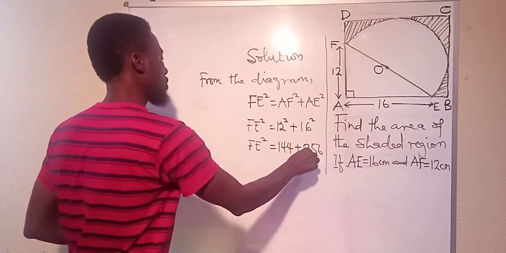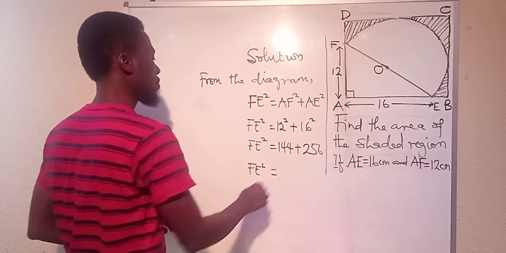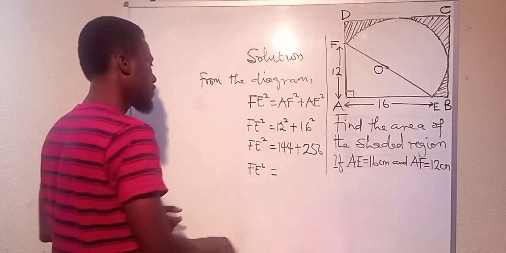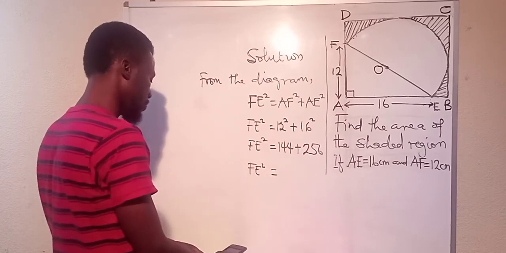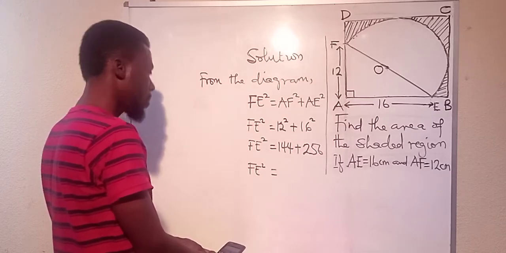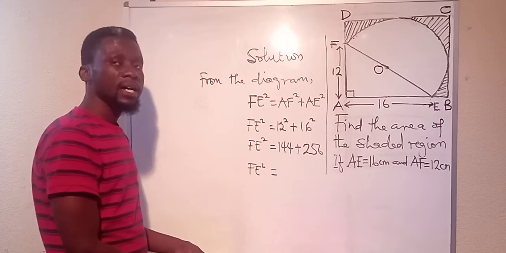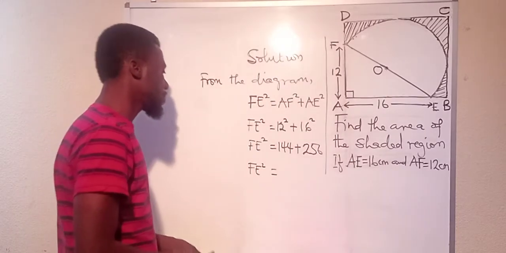And so this is going to give us FE squared equal to 144 plus 256. That will be equal to 400.